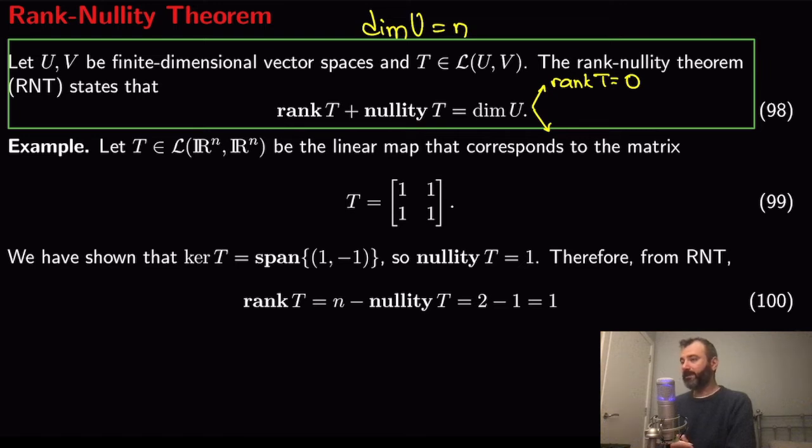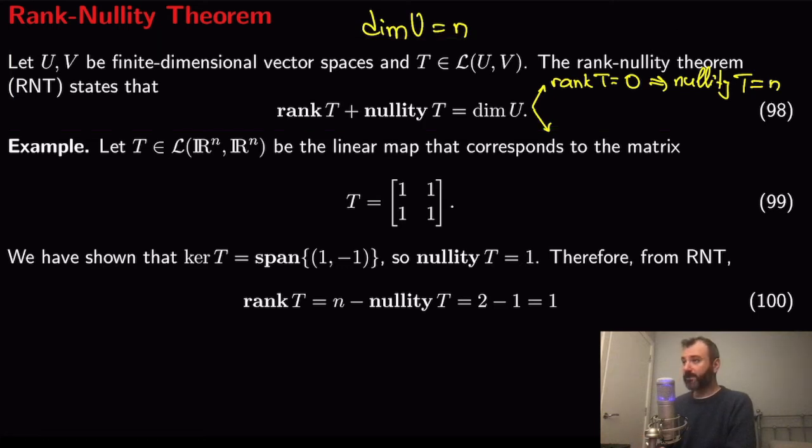If the rank of T is equal to 0, this implies that the nullity of T is equal to N. So this is case number 1. And the second case is for the nullity of T to be equal to 0, which implies that the rank of T is equal to N.